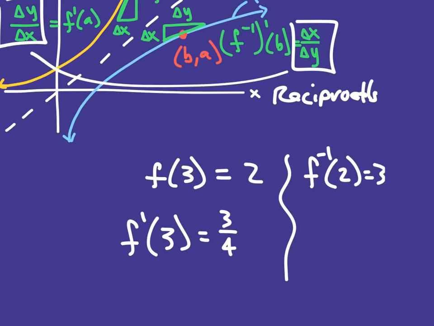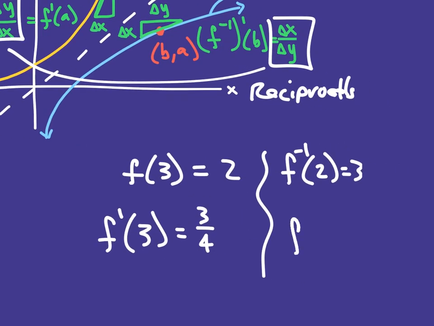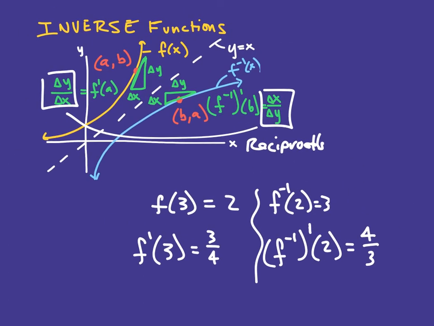All I'm doing is switching my x and y values. So I'm going to find it at the point 2, and all I'm going to do is take the reciprocal, which gives me 4/3. A little bit weird, a little bit strange, but that's the derivative of inverse functions.